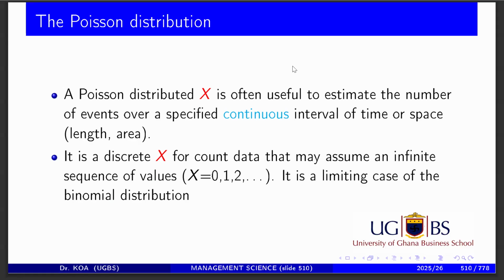Poisson looks at the mean. Binomial looks at the exact. Both are discrete. Poisson is a limiting case of the binomial distribution.